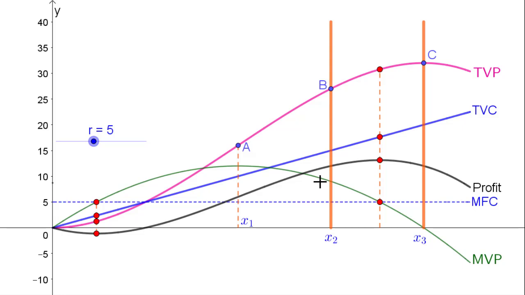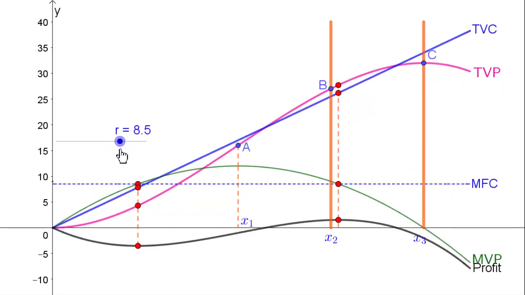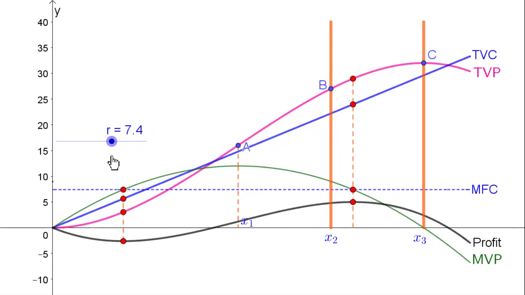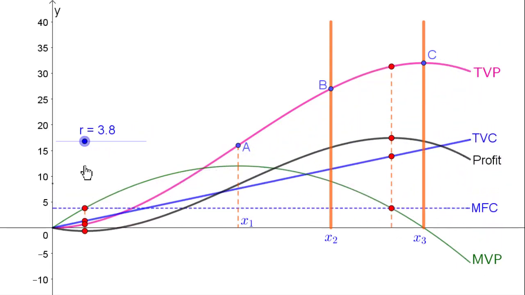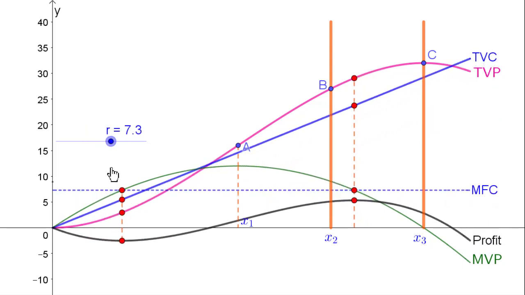Between X1 and X2, you can see that although MVP is decreasing, it is always above the MFC curve. No matter how I change the input price, as long as the input price is smaller than 9, the MFC curve is always below the MVP curve in that region between X1 and X2.